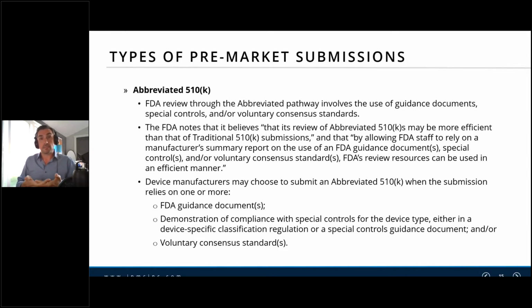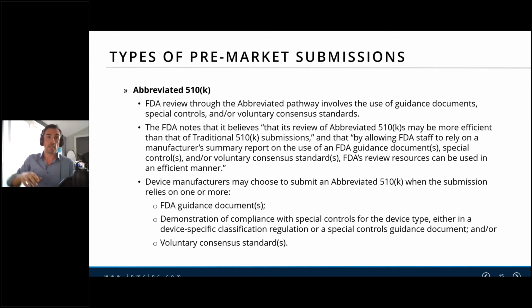If the FDA themselves have created these guidance documents and you agree to use their guidance for your own test methodology, for your own acceptance criteria, for your own requirements, that puts you into the abbreviated 510K category. Fundamentally, what you're saying is, FDA, you're telling us how you want us to develop and test this product. We agree with you. We're lined up. So we're taking your methods and applying those.